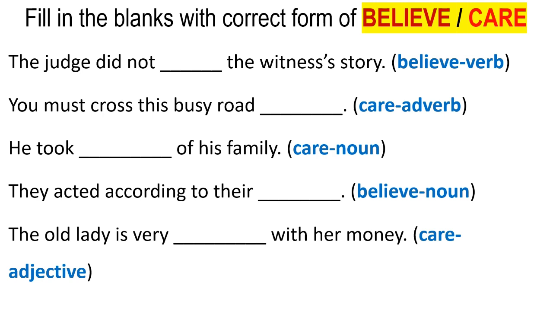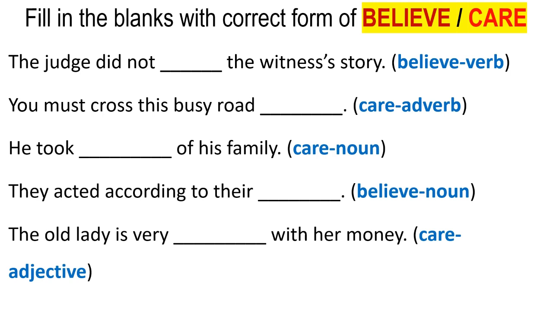Then you have the next sentence, number 4. They acted according to their blank. The word you have to fill in is believe in its noun form. Now you have the last sentence.